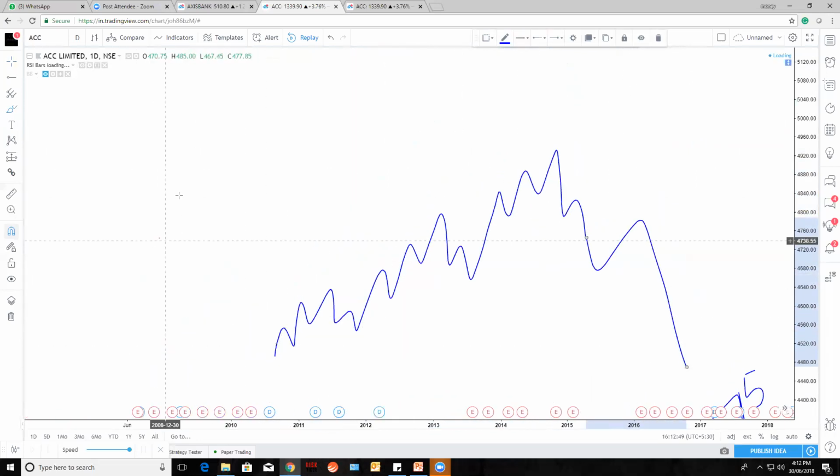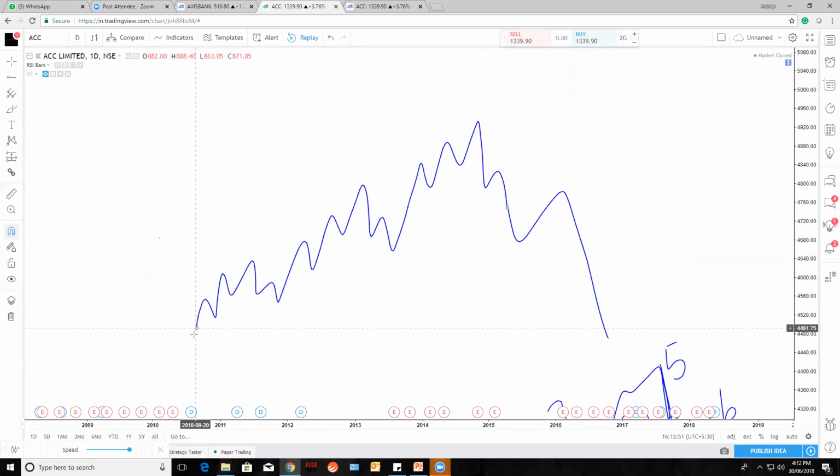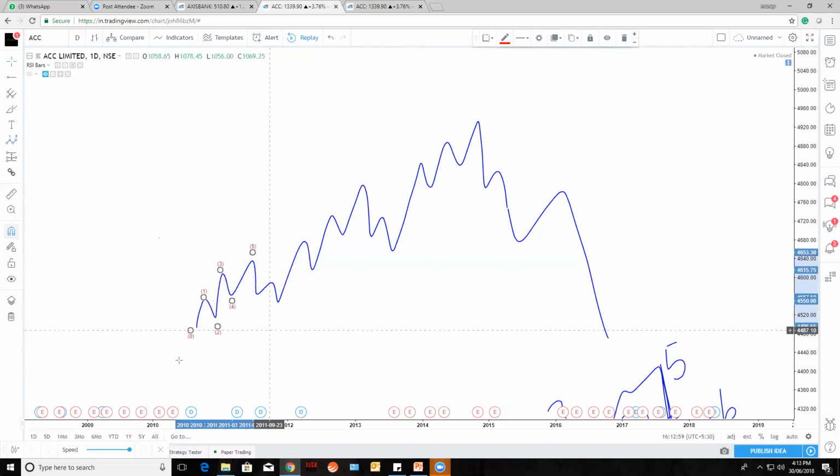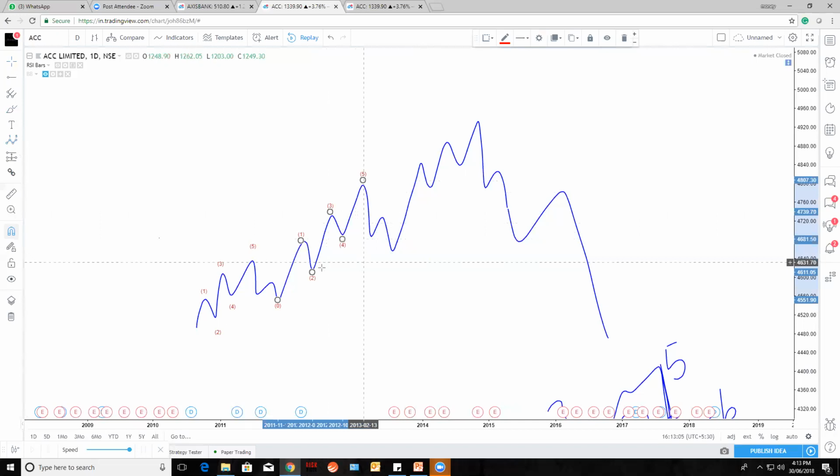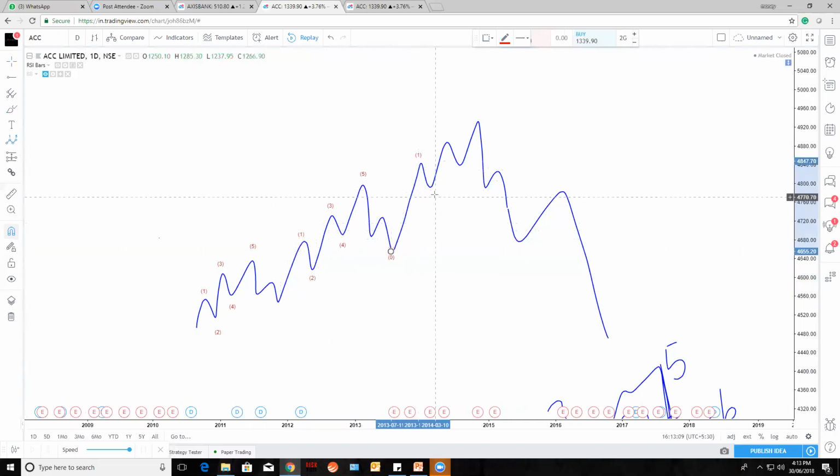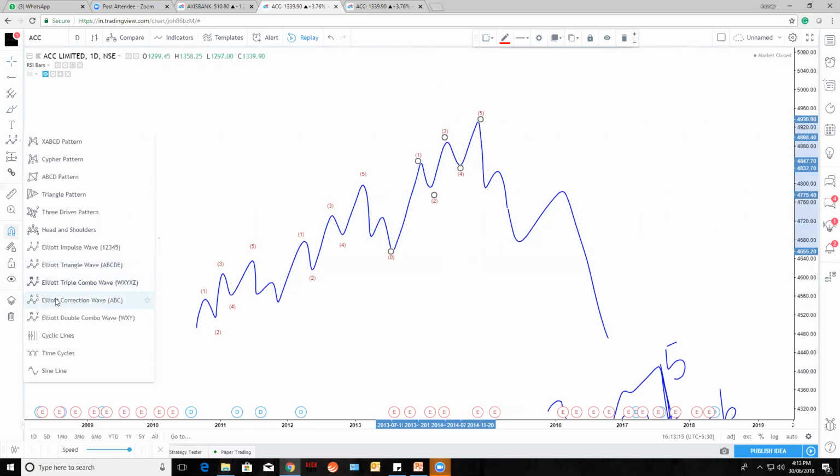So this is one Elliott wave cycle. Let's name it: this is 1, 2, 3, 4, and 5. And in this one also you will find 1, 2, 3, 4, and 5. And in the third also you'll find 1, 2, 3, 4, and 5. And the correction he named as ABC.